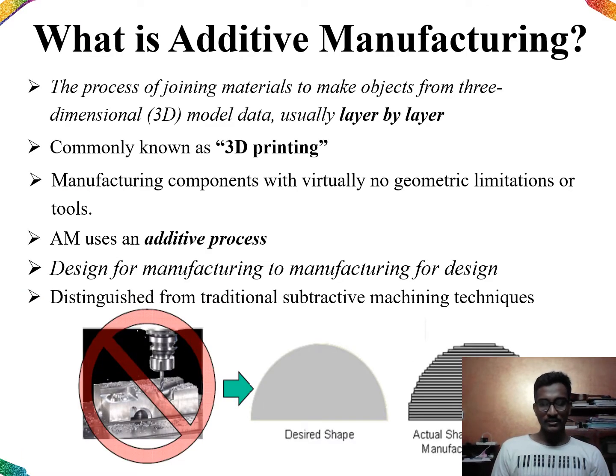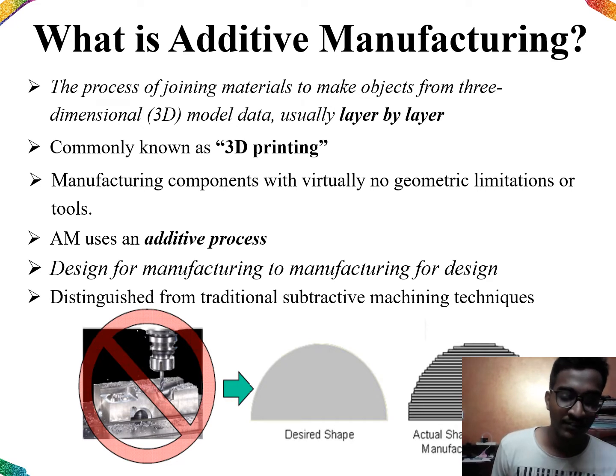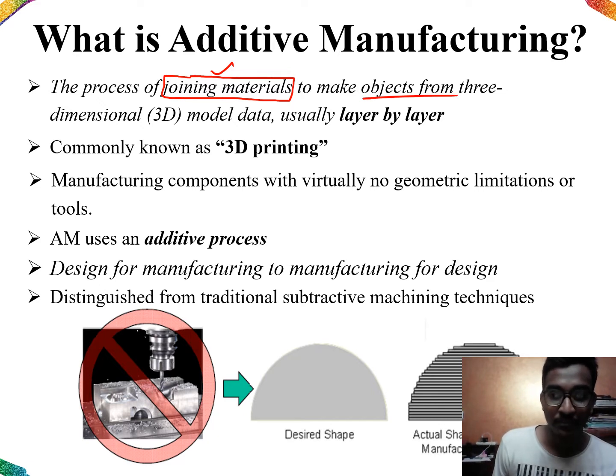Here, we'll see what exactly additive manufacturing is all about. The main definition is the process of joining materials to make objects from 3D model data. Basically it's a joining process, something like a welding process, joining materials to make objects from a 3D model.